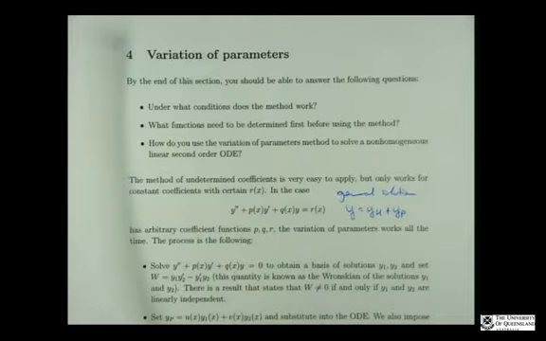Finding the particular solution then becomes a matter of solving a couple of equations in the coefficients. Very easy to do in comparison to some of the first order methods that we've seen.